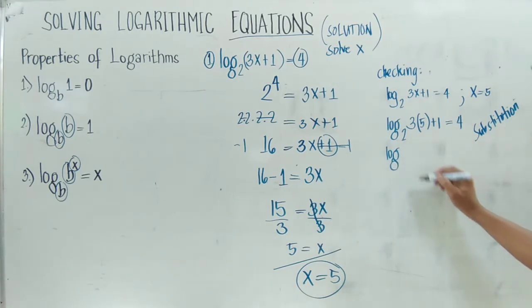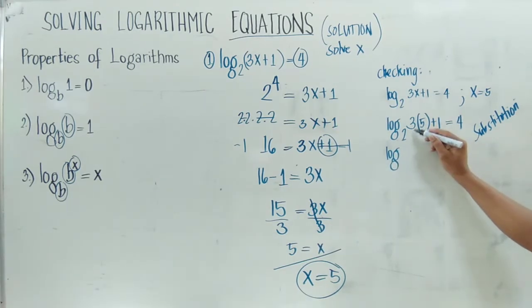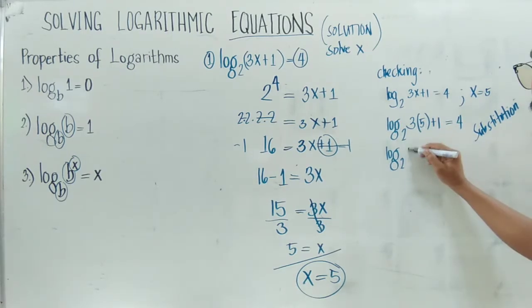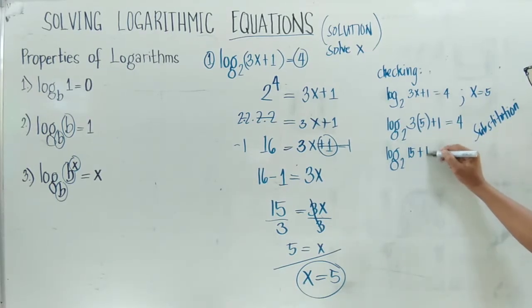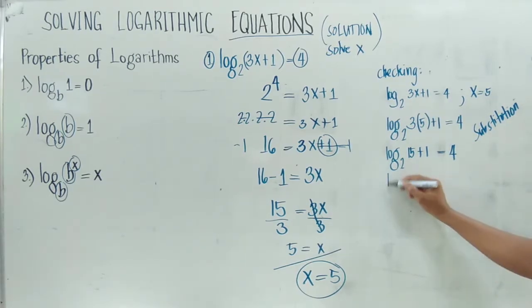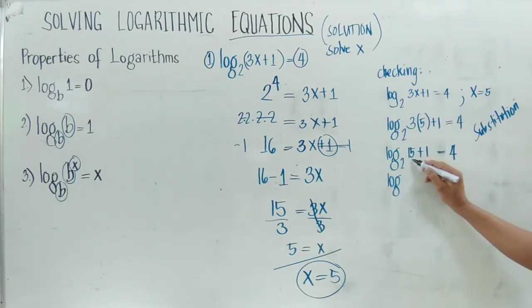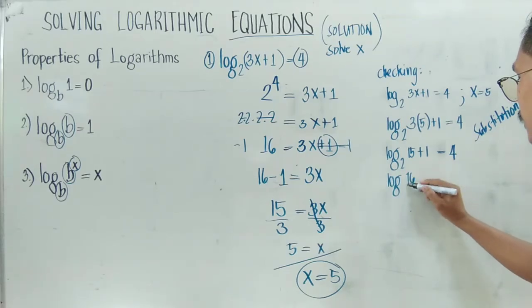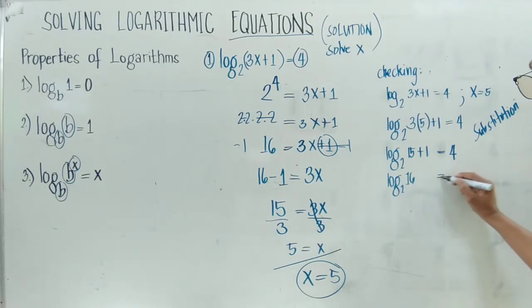Then continuing, we have log, base 2, we have 3 times 5 is 15 plus 1, also 4. Then to continue, log of 15 plus 1 is, of course, 16. Then base 2 equals 4. Okay?